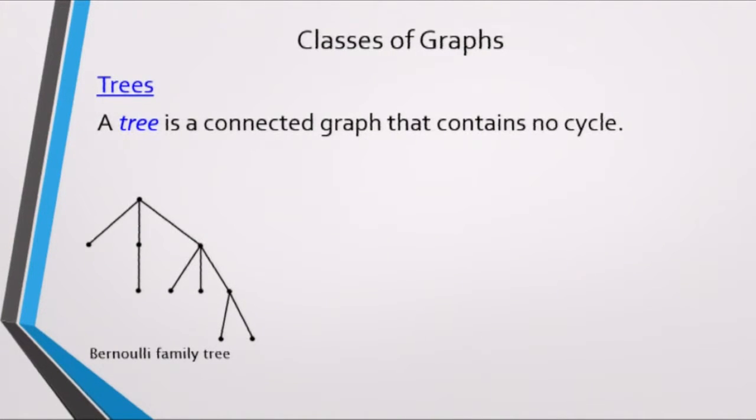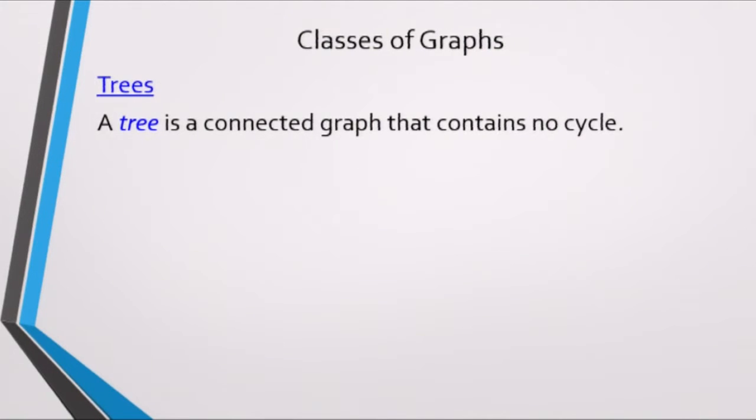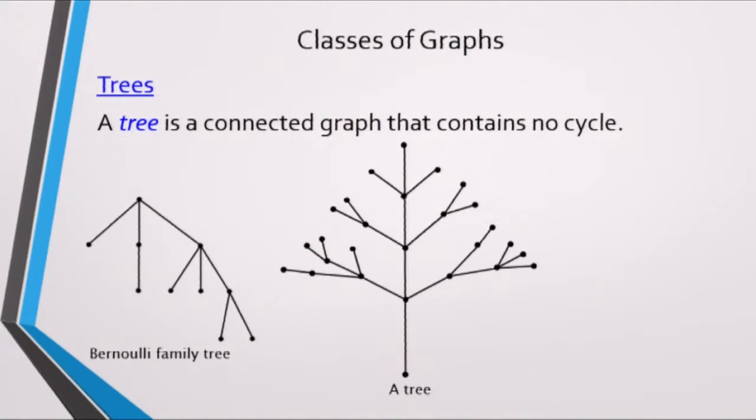So here is the Bernoulli family tree. And this is just going backwards. Ordinary tree there. And sometimes we may find these things next to the tree. Okay. And still, this is considered a tree because there's no cycle and it's connected.